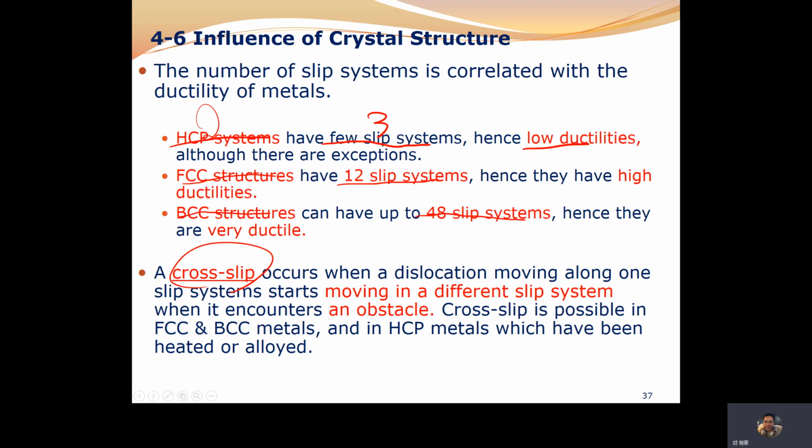When the dislocation encounters a barrier, it cannot keep moving. It stops, and it will now move in a different slip system. It kind of changes its orientation or direction for slipping.